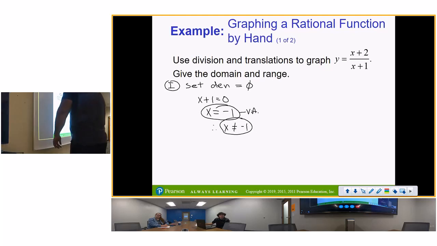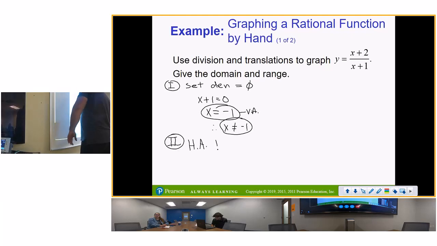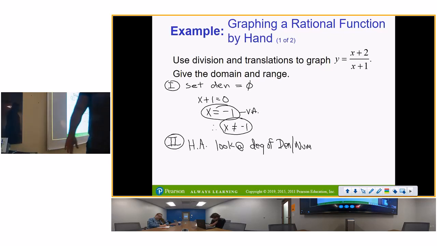The horizontal asymptote, you look at the degrees, and this is for later, but right now they want you to divide. But for 2, for your horizontal asymptote, you're going to look at degree of denominator and numerator. Now that's for later, but right now you're going to divide.